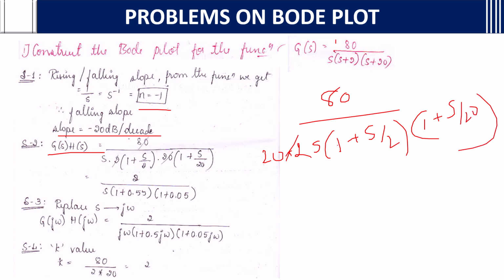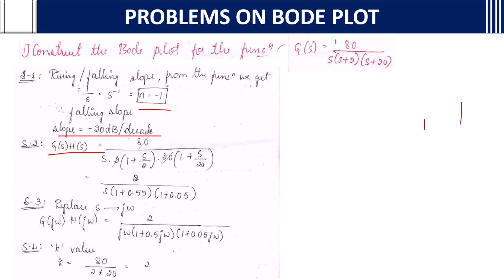If you cancel, you are left with 2 by s into 1 plus 0.5 s into 1 plus 0.05 s. Nothing but 1 by 2 is 0.5 and 1 by 20 is 0.05.